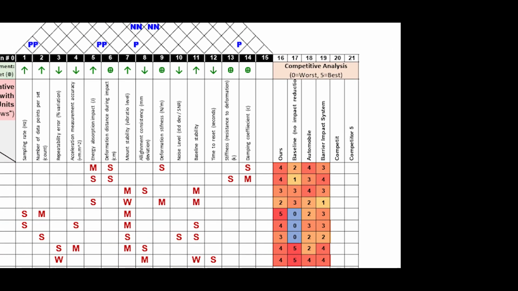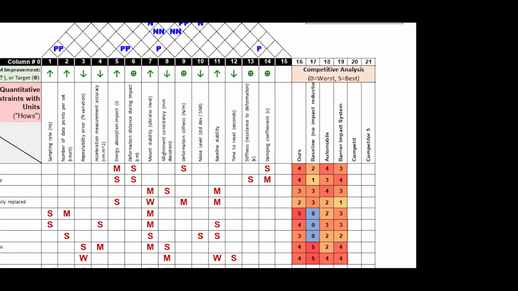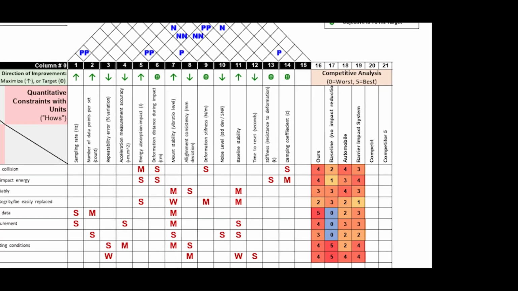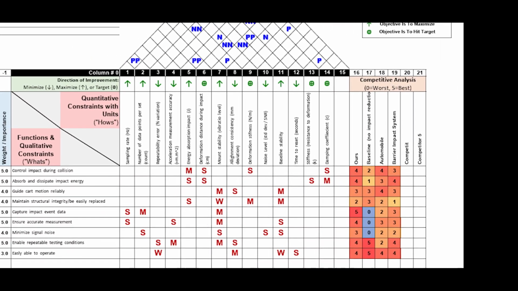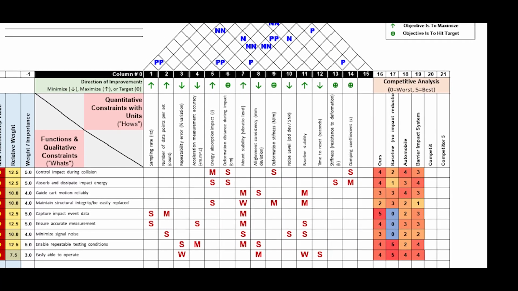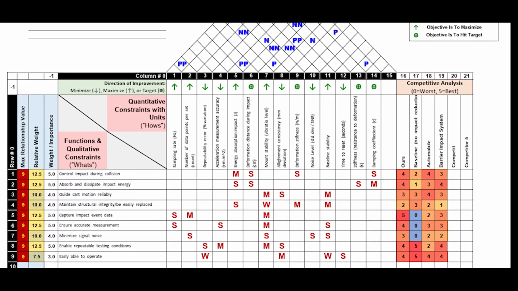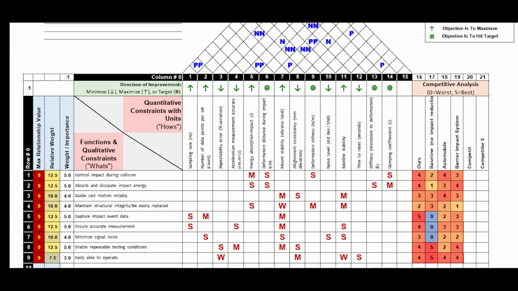The House of Quality helped identify which engineering specifications had the greatest influence on overall system performance. For example, mount stability and alignment consistency strongly affected signal and noise repeatability. Similarly, dampening behavior and deformation distance directly influenced impact attenuation and force reduction.